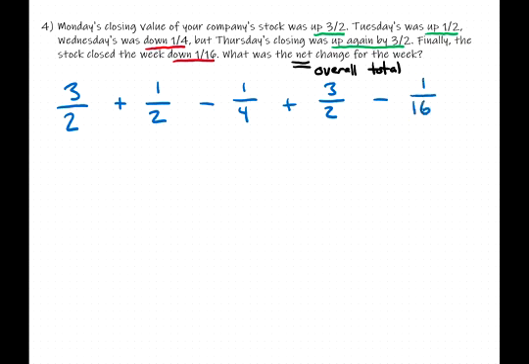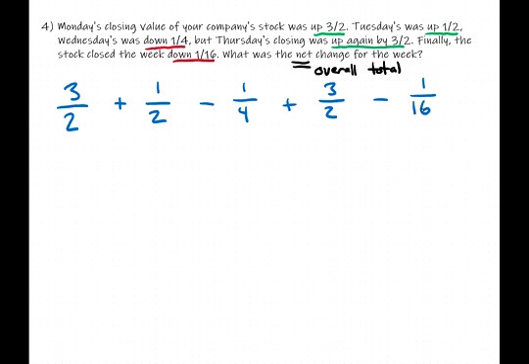1/16. Now, the only way that we can add or subtract fractions is if they have a common denominator. The common denominator is the least common multiple of the denominators, or the smallest number that all of the denominators evenly go into.